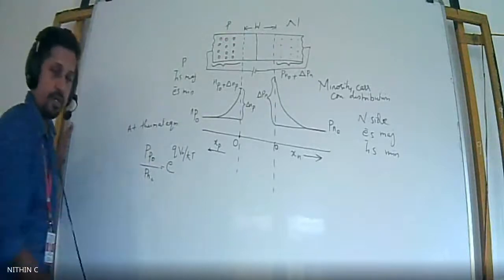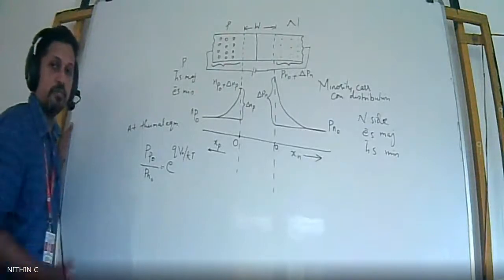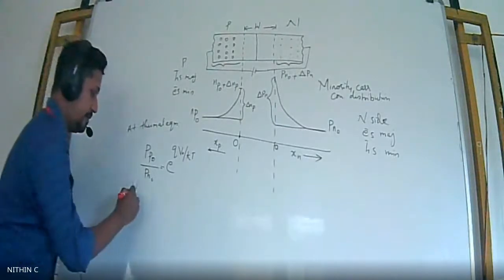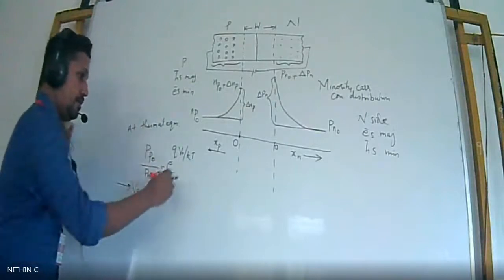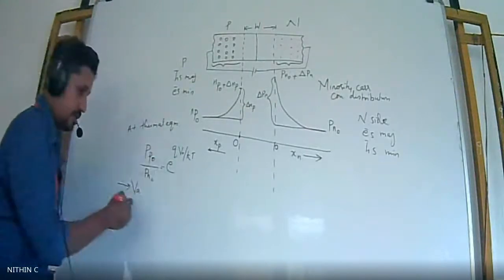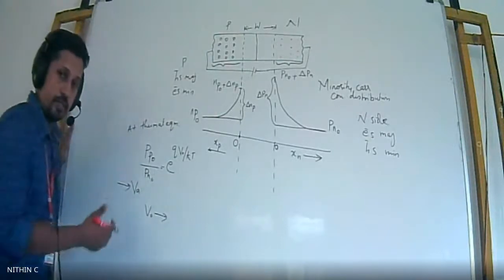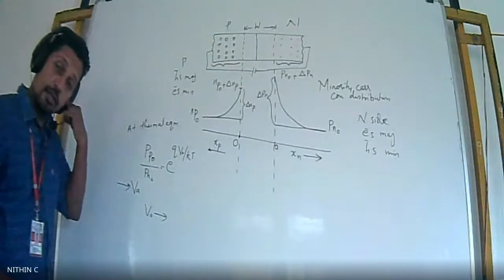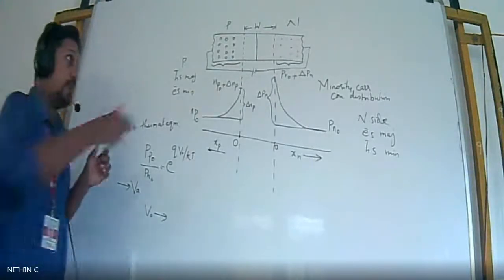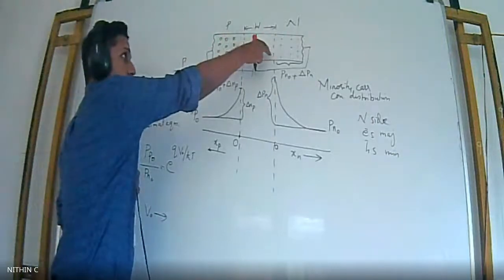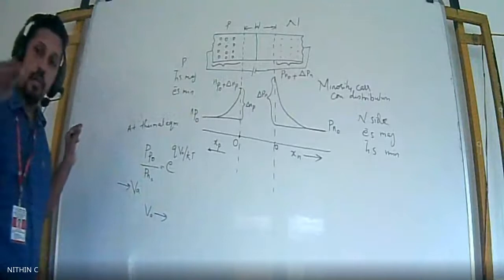So if we are biasing the PN junction diode with a forward bias voltage VA, suppose we are applying a voltage VA, the parameters in this expression will change like this. How will V0 change? When we apply a forward bias voltage, the built-in potential, the barrier potential, will decrease, right? V0 minus the applied voltage.